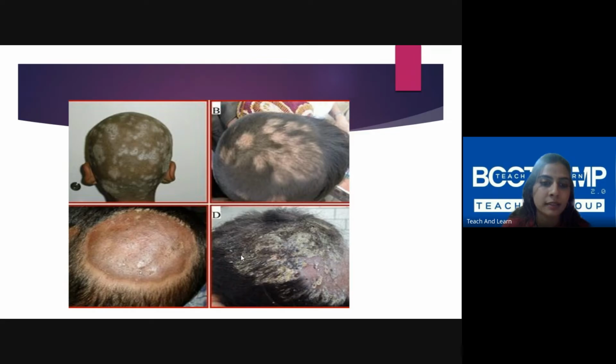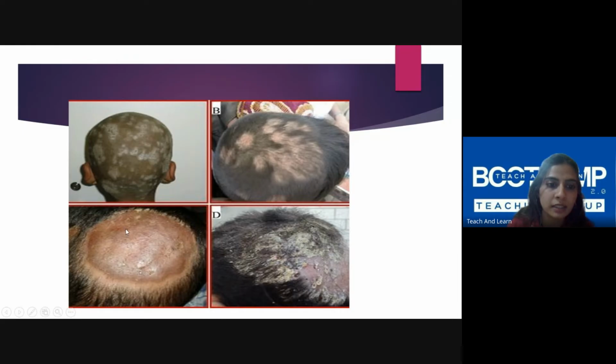In picture C, you can see that it's a large, boggy, edematous swelling. Since it's a picture, you're not able to differentiate whether it's a raised plaque or a patch, but it is a swelling with pustules studded on it. Is my pointer visible? You can see those small pustular spots.